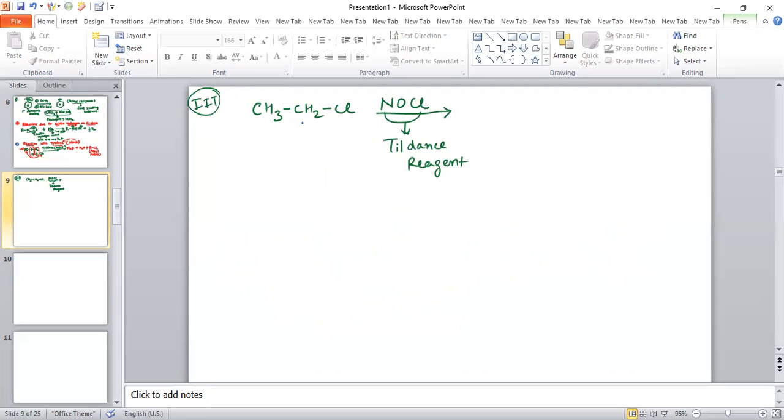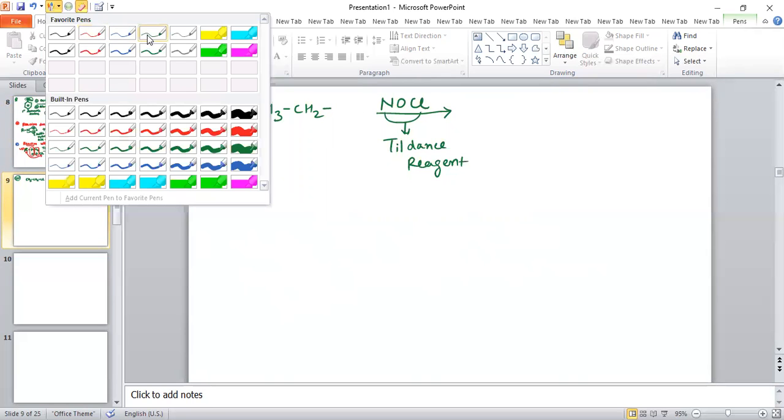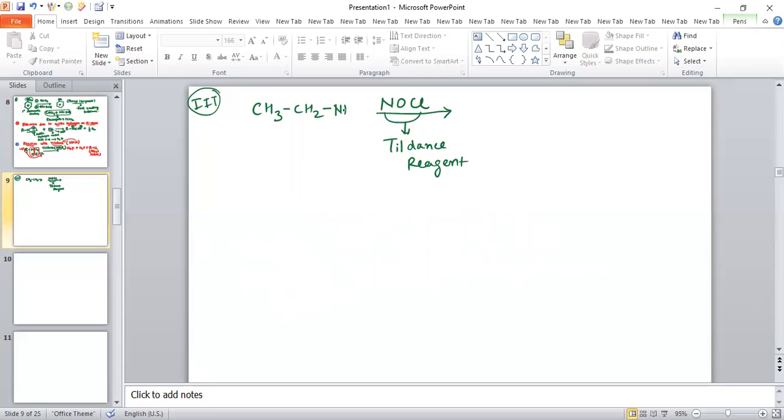Basically this is R, and this is not Cl, this is NH2. This compound is NH2. Now arrange this NOCl in this fashion: N is with this, then O, and then Cl.